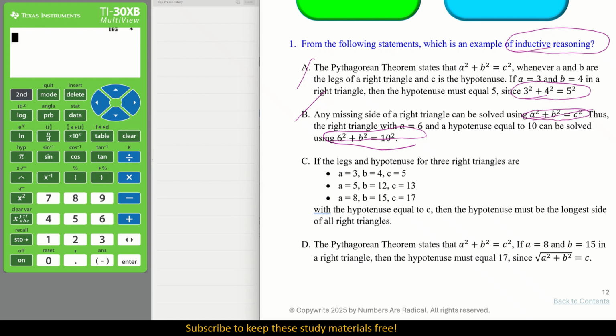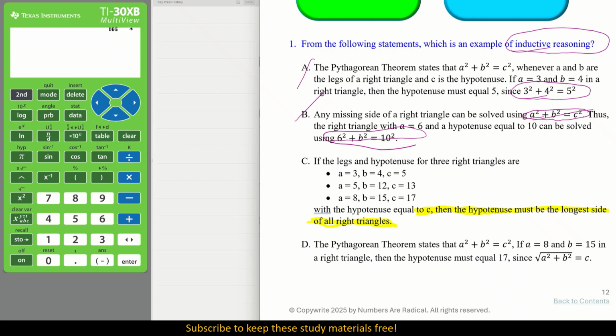They're not just any right triangle. And then it says with the hypotenuse equal to C, then the hypotenuse must be the longest of all the right triangles. So there has been a conclusion made from the given, which would be a great way to, once you introduce right triangles, do an activity. There's lots of triples out there.